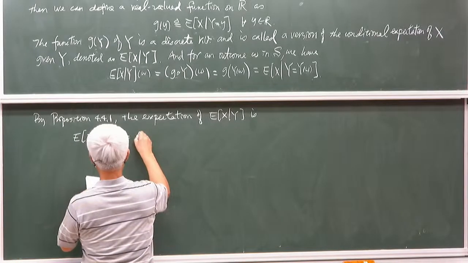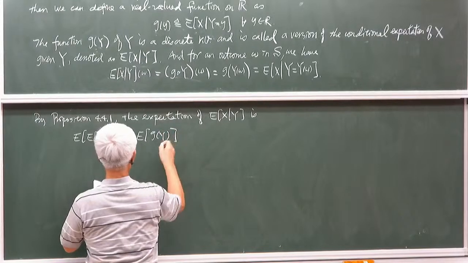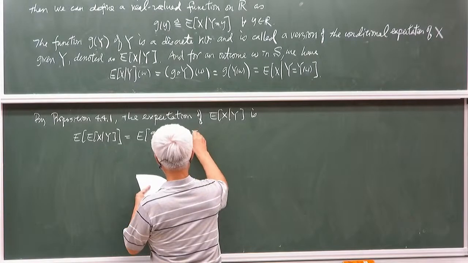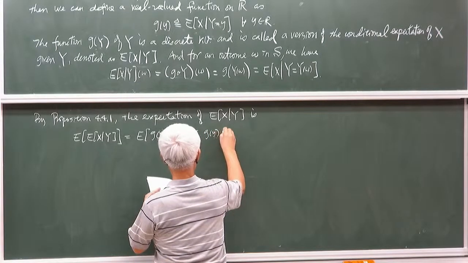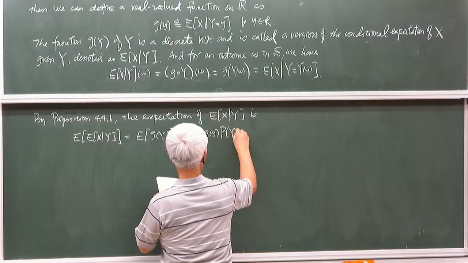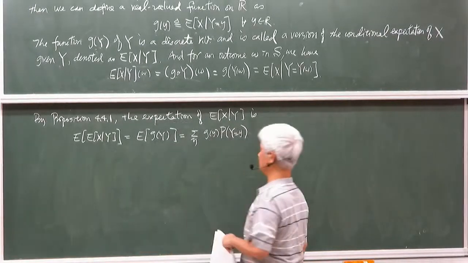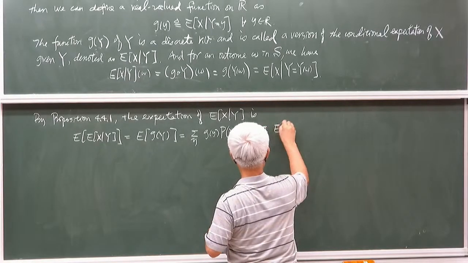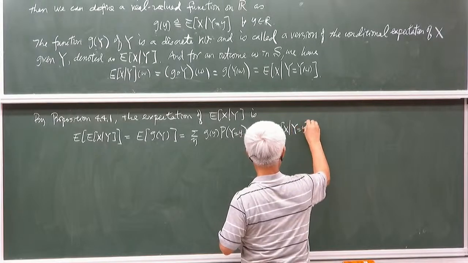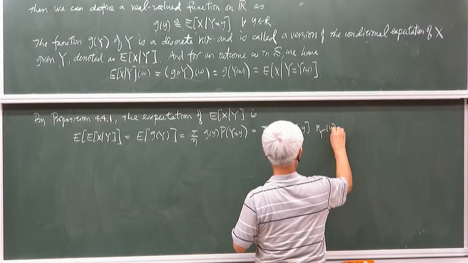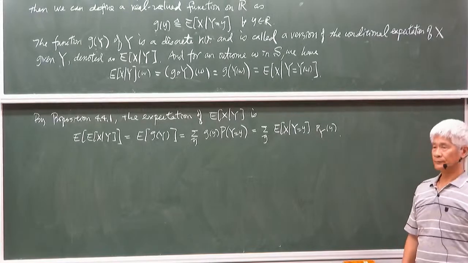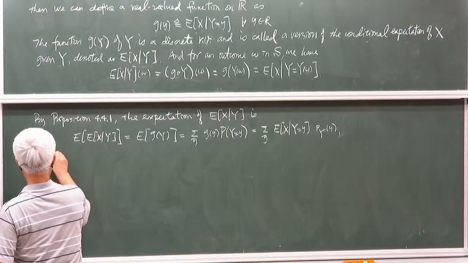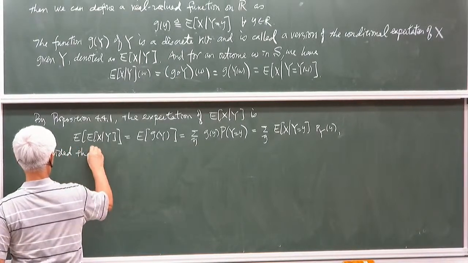By its definition, it's the expectation of g of Y. Because this is a function of Y, this is the sum over y, provided that the sum exists.